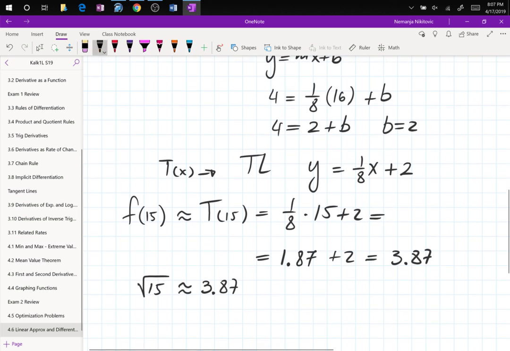So the calculator said that the square root of 15 is 3.872983. Now, you know what? I'm just going to do 15 divided by 8 to provide more decimals there. 1.875. That's where it stops. Okay. So look at this.